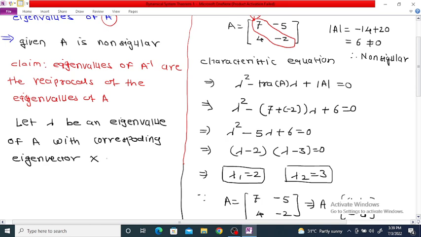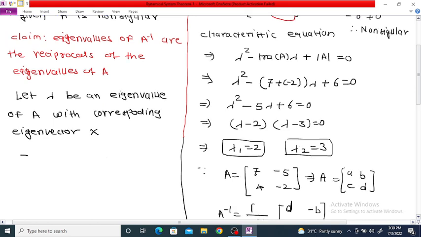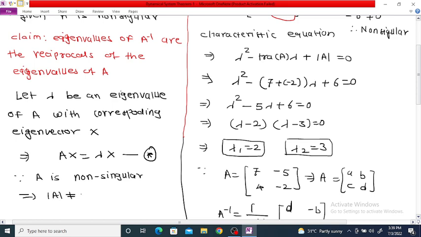So by the definition of eigenvalue, we can write Ax is equal to lambda x. Say this is equation number star. Now, since A is non-singular, this implies the determinant of A is not equal to 0, and this implies A inverse exists, and it is a square matrix.